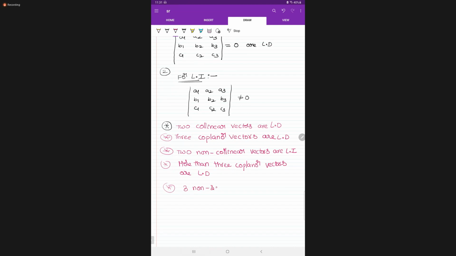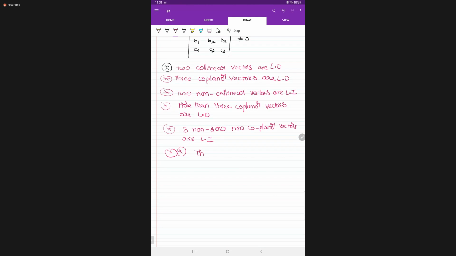Three non-coplanar vectors are linear independent. Very important condition it is.